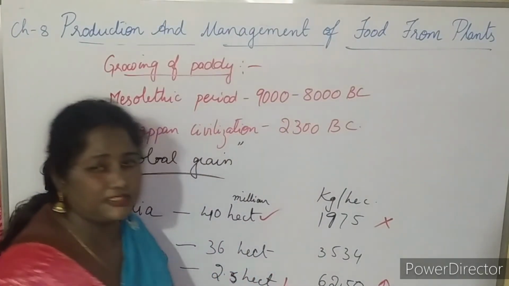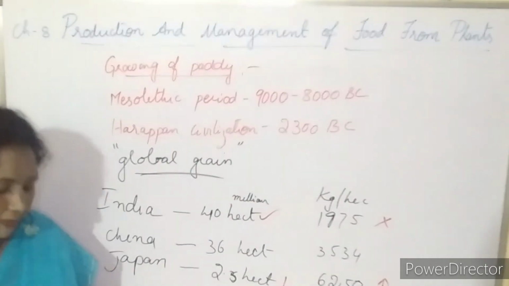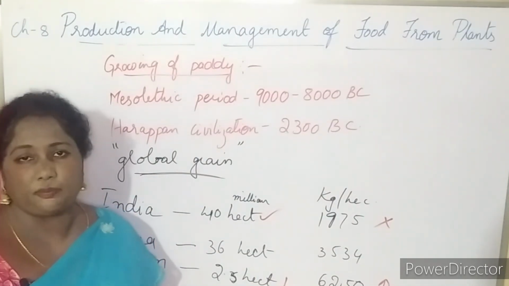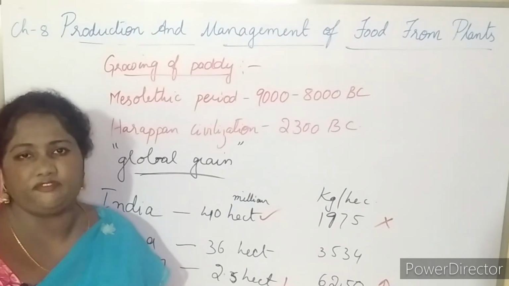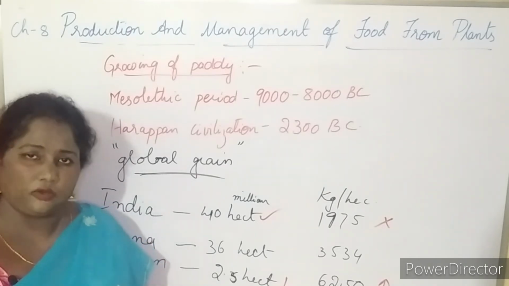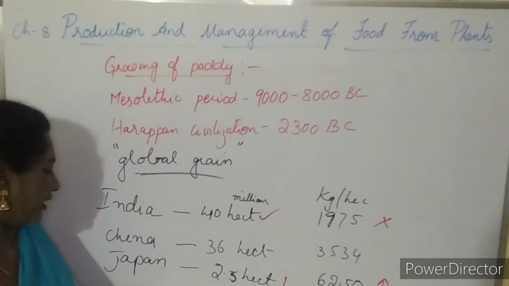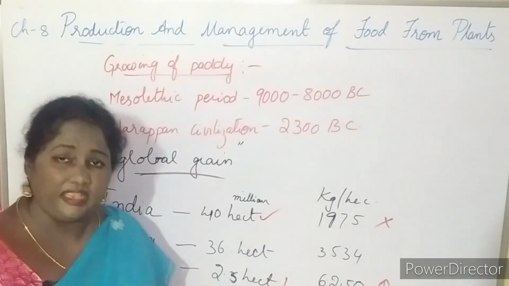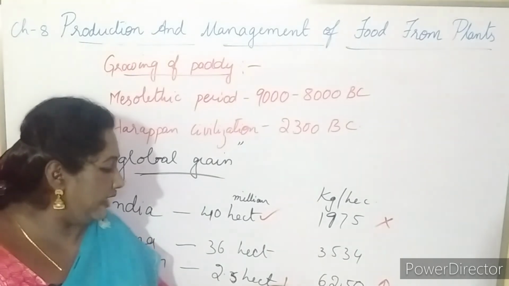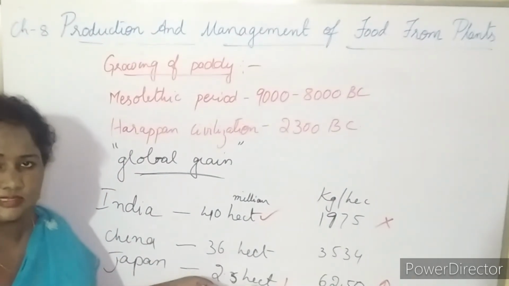So what is the difference here? Why did the difference come in production? It depends upon the methods of cultivation and the usage of scientific methods. Both helped Japan increase paddy production even though the land cultivated is less.